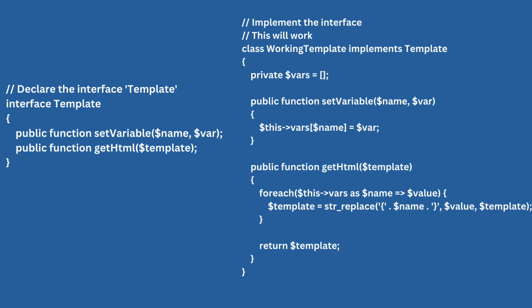So how will you make sure that this method is defined in each and every class, whatever new class is created? By creating the function in an interface.